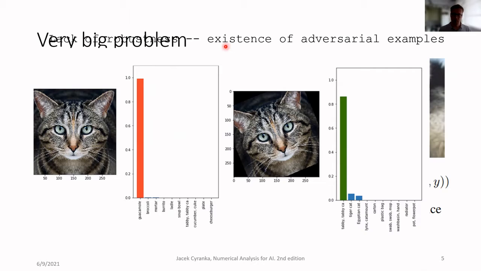But someone rotated this cat, and the neural network is again working properly. Okay, so it outputs the correct class after this rotation. So this effect of adversarial examples is really unstable. It's really some weird property that we want to get rid of.